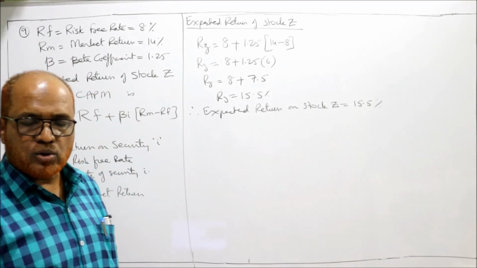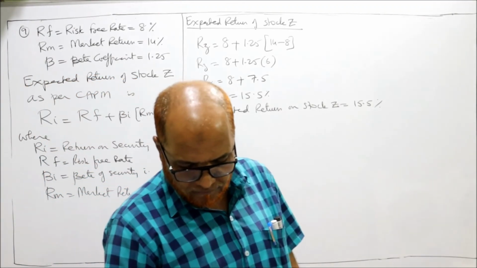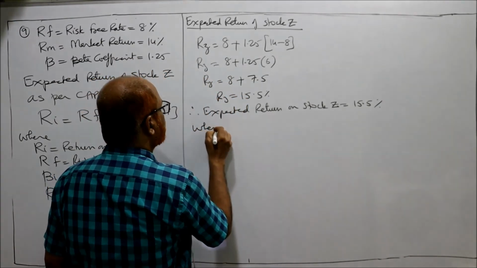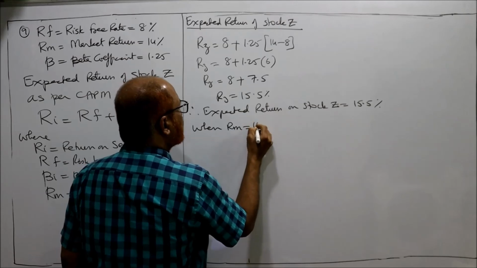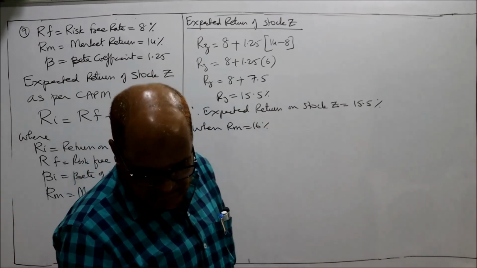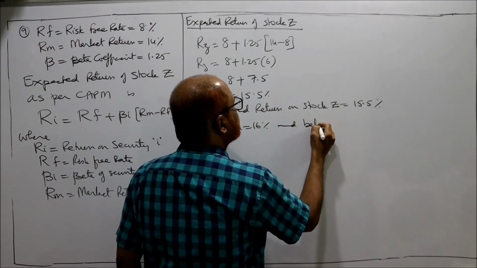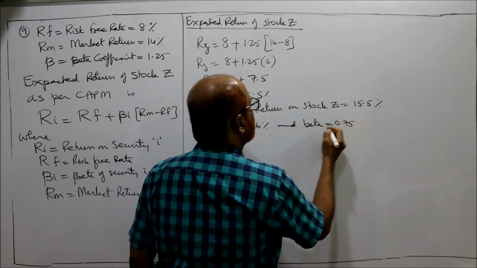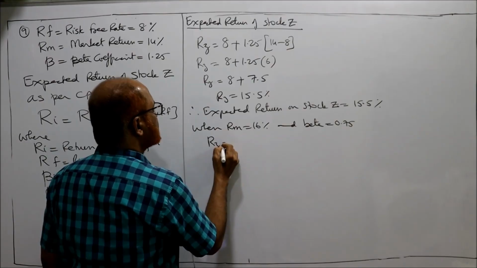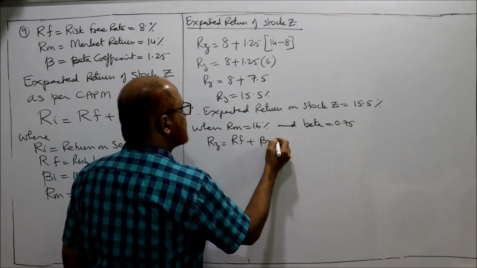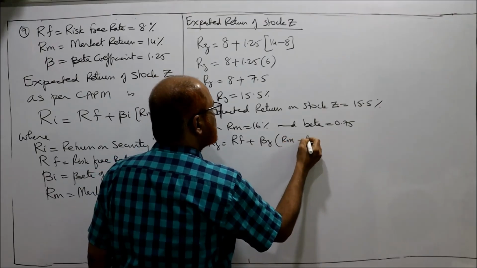So first answer we have completed. Now second question, it is asking you find also when RM is 16% and beta is 0.75. Again we apply the formula RZ is equal to RF plus beta Z into RM minus RF.